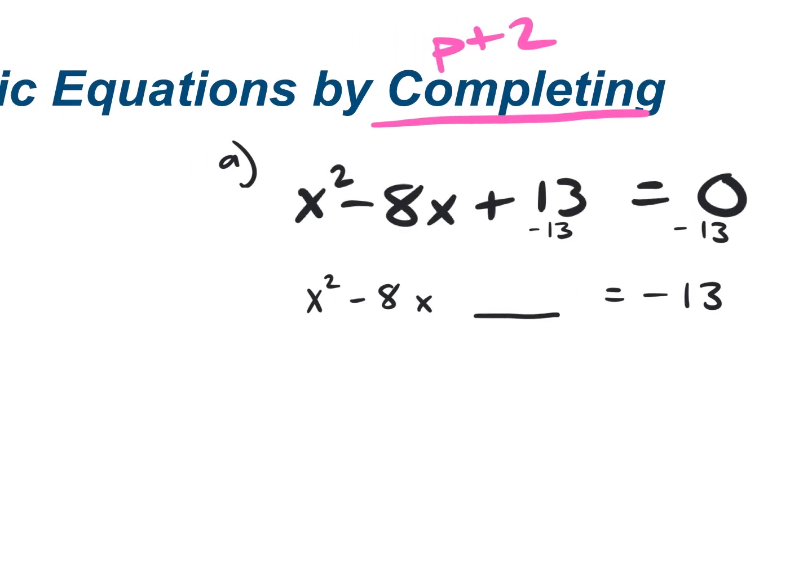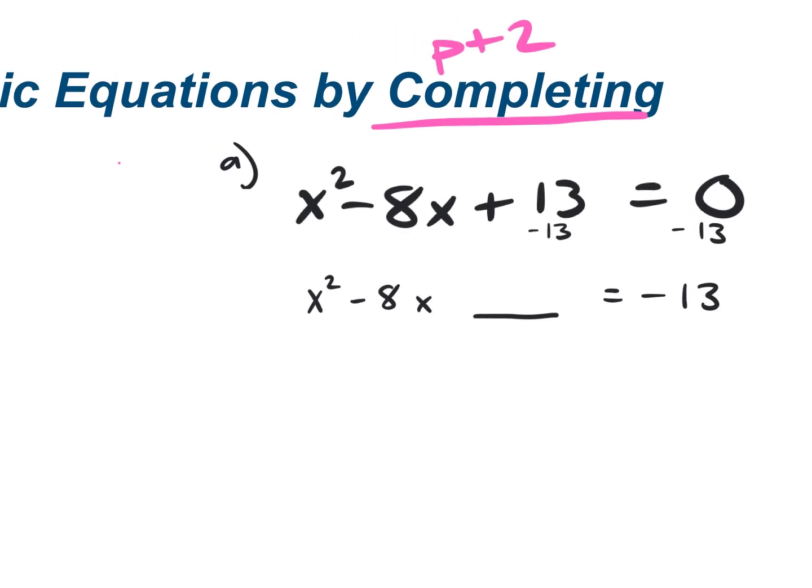When we complete the square, in that space, I've got this little formula, which is going to be b over 2 squared. Our b is what's in front of the x term. So b is going to be negative 8. So we have negative 8 over 2 squared.